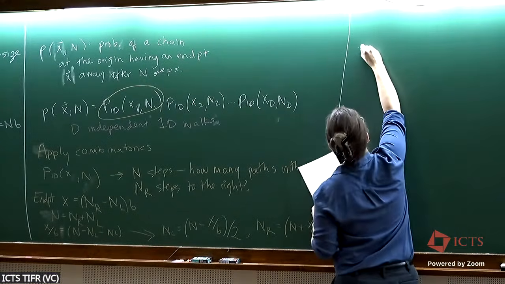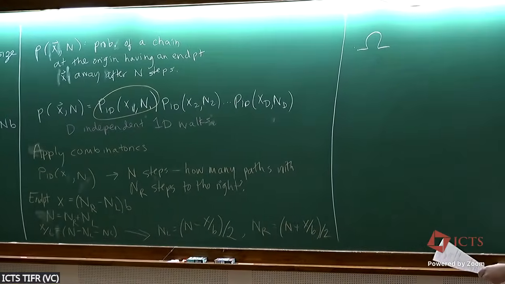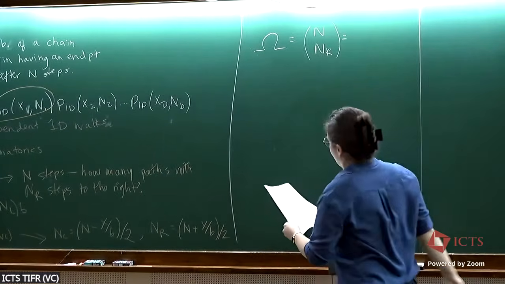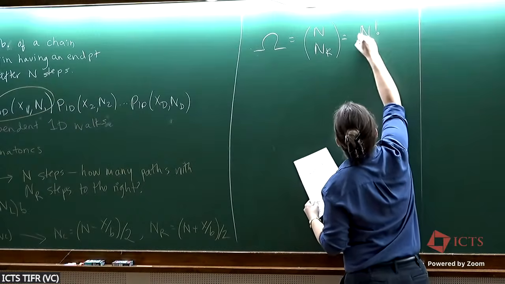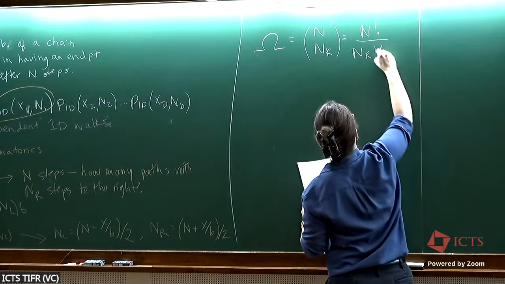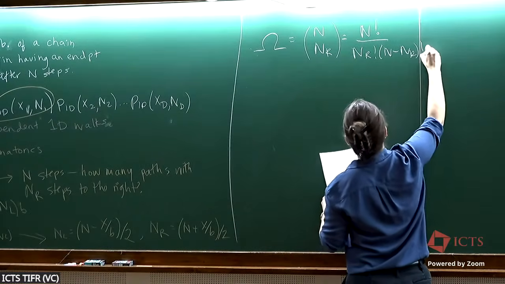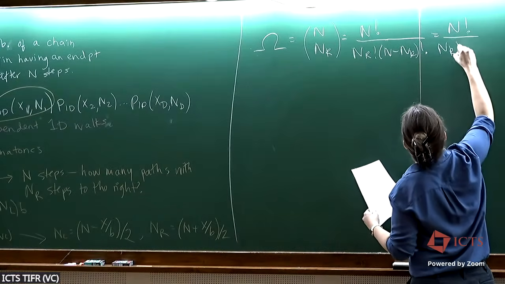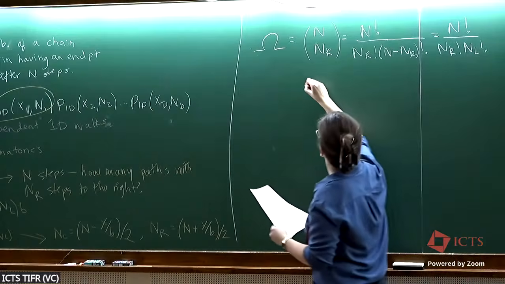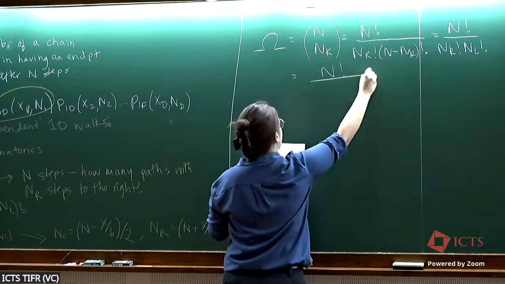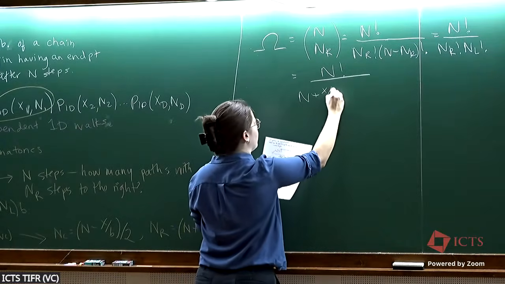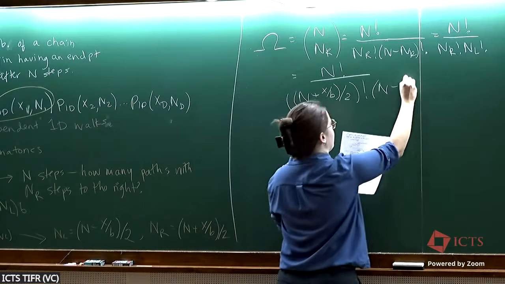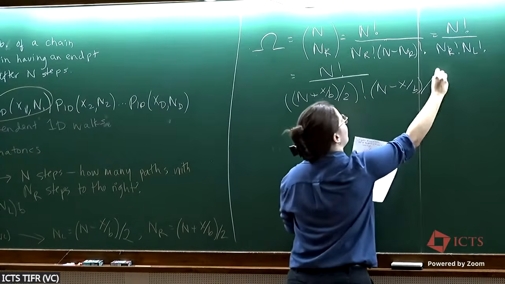The number of paths, omega, for n_R steps to the right is just going to be n choose n_R, which is n factorial over n_R factorial times (n minus n_R) factorial, which is equal to n factorial over n_R factorial n_L factorial, which is also equal to n factorial over ((n plus x over b) over 2) factorial times ((n minus x over b) over 2) factorial.